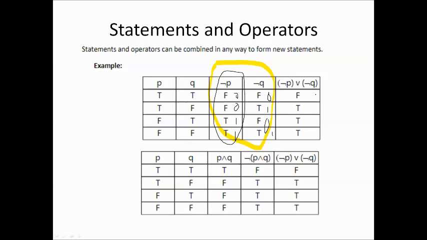So, of course, 0 and 0 is 0. 0 and 1 is 1. 1 and 0 is 1. And 1 and 1 is 1. Okay, that's how you're going to compute a truth table. If, for example, I want you to get the negation first, get the negation, then afterwards get the result.